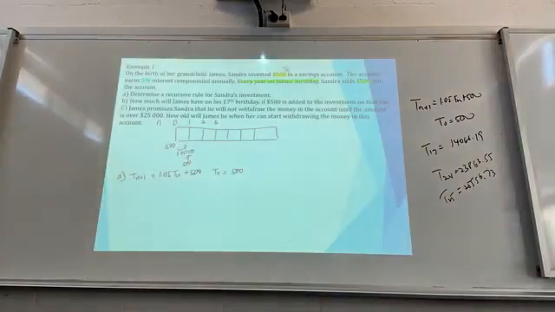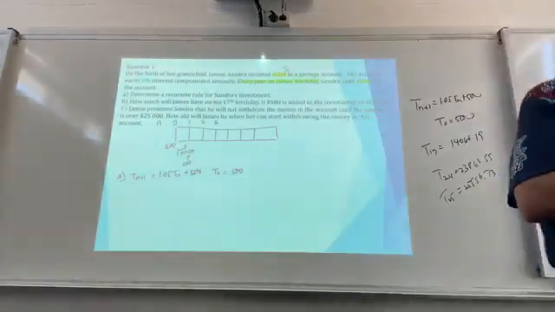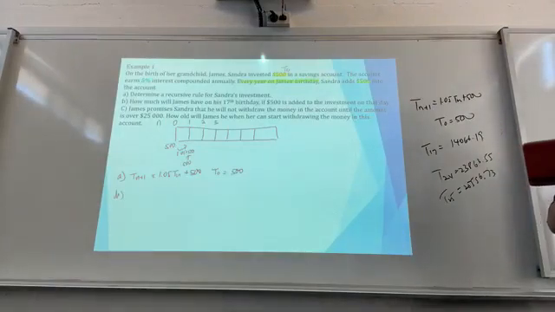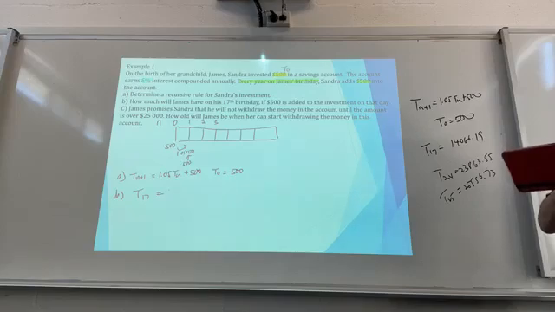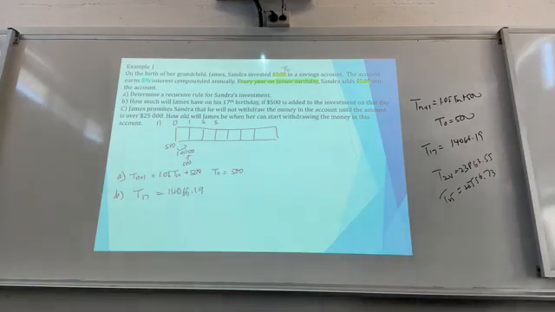So here, the way you answer it, part B, show that you know T17. Write down T17 equals to 14066.19 and answer he will have 14066.19. Alright?